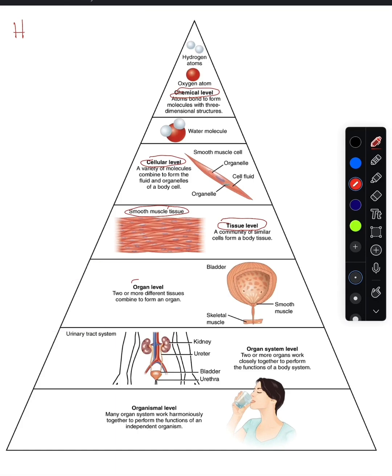Then we come to the next level, the organ system level. When you have a group of organs that work together to perform vital life functions, that is the organ system level.